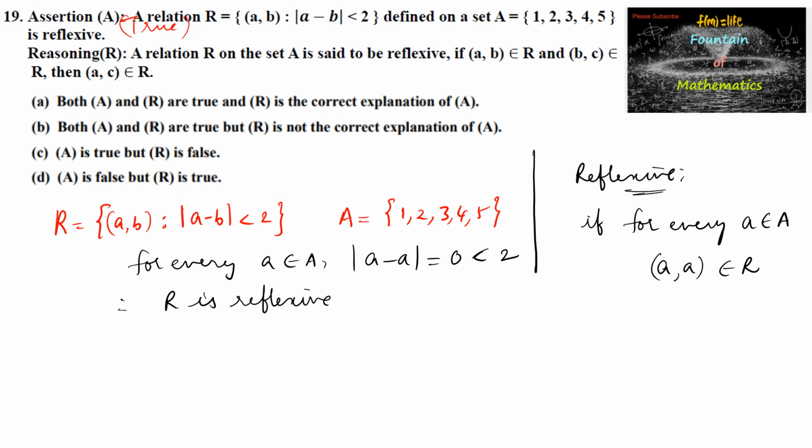Coming to the reasoning, a relation R on the set A is said to be reflexive if (A, B) belongs to R and (B, C) belongs to R, then (A, C) belongs to R, which is the transitive condition, not reflexive. So this is not the definition of reflexive, and hence the reason given is false. So assertion is true and reason is false. We can go with option C.